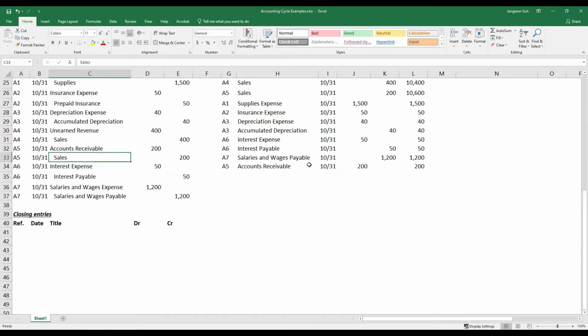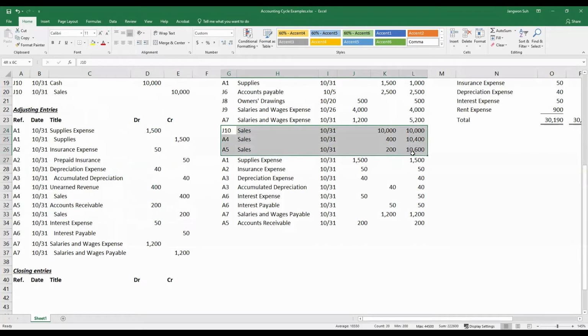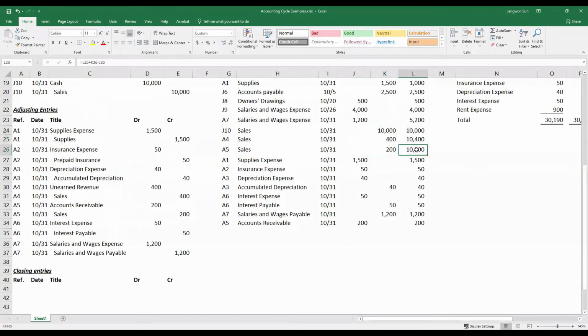Okay, then where is the normal balance of the sales? As you can see, sales are found on the credit side, right? Sales has a normal balance on the credit side. Then, as a result, its ending balance is located on the credit side, right?